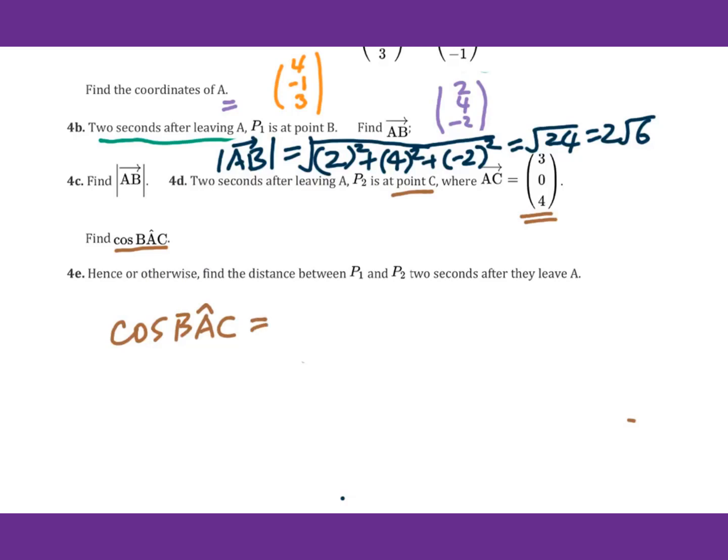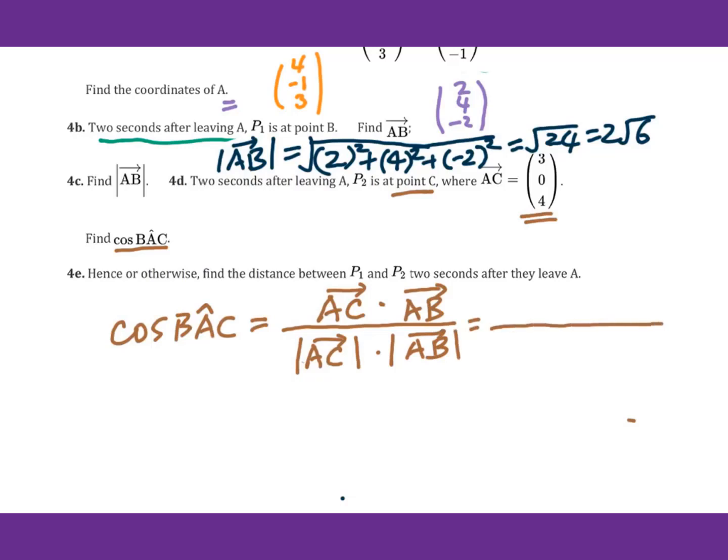We know that we have to get vector AC times vector AB, then divide by the magnitude of AC times the magnitude of vector AB. Now we need to plug in. Vector AC is given as (3, 0, 4). Vector AB is (2, 4, -2).